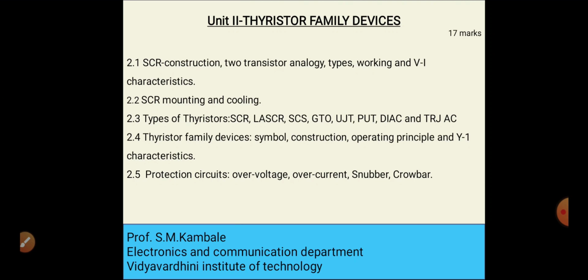So there are overvoltage protection circuits, overcurrent protection circuits, snubber circuits, and crowbar circuits. This is the whole about unit number 2, that is thyristor family devices.